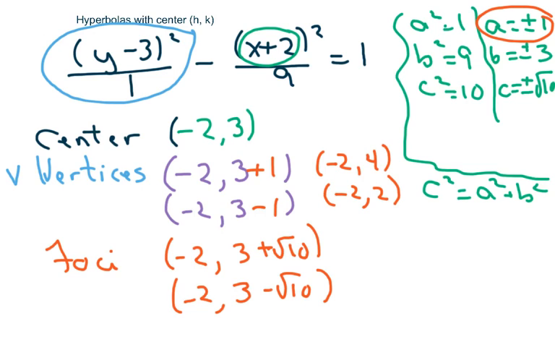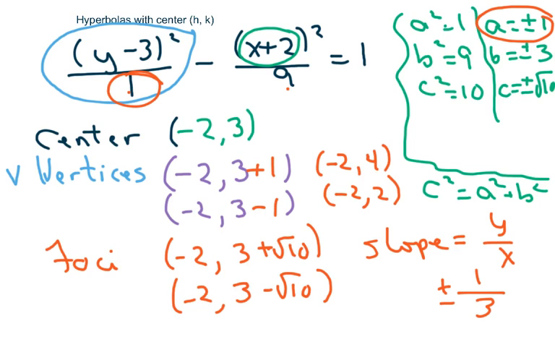Now, my slope is going to be, in this case, a over b, because the y starts first. All I do is I remember y over x. So square root of 1 is 1, and the square root of 9 is 3. And then it's going to be plus and minus. Alright, so that's the slope of the asymptotes.